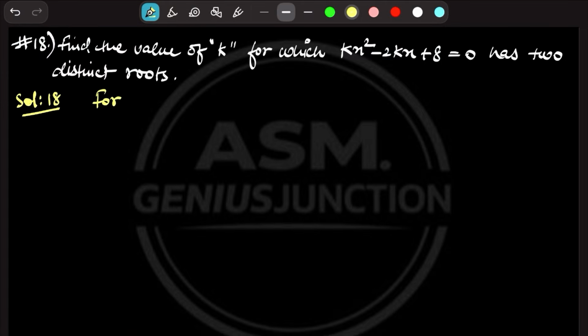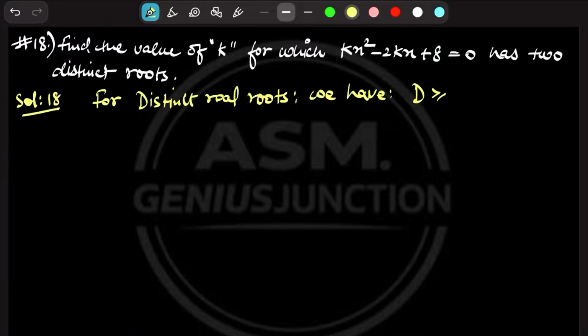For distinct real roots, we have D greater than 0.